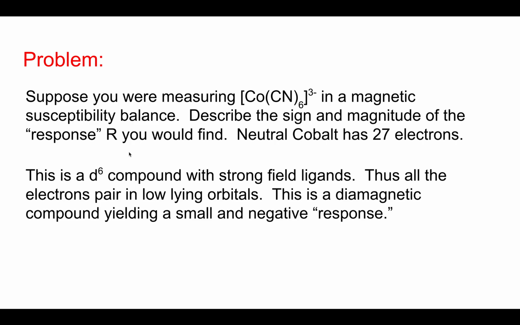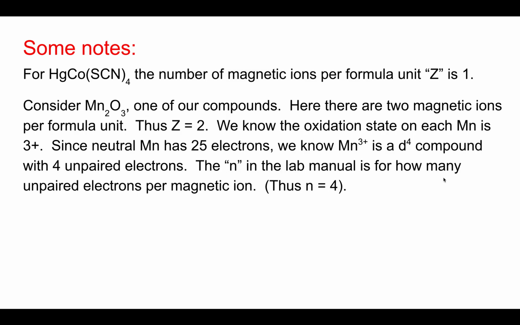Since we have a d6 compound with CN minus, a strong field ligand, the electrons are going to fill 1, 2, 3, 4, 5, 6, and all pair up. So this will be a diamagnetic compound. If we put this in our magnetic susceptibility balance, this will yield a small and negative response.